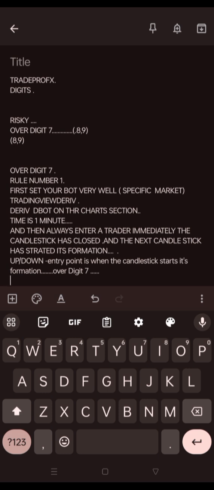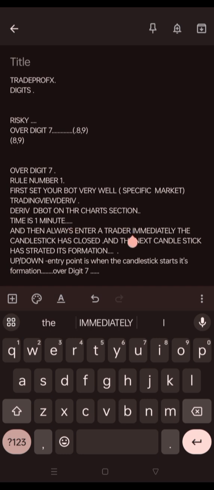Time frame 1 minute, and always enter a trade immediately the candlestick has closed, and the next candlestick has its formation up and down. So whenever the candlestick has already started, that's the entry when you should now enter for the over digit 7.